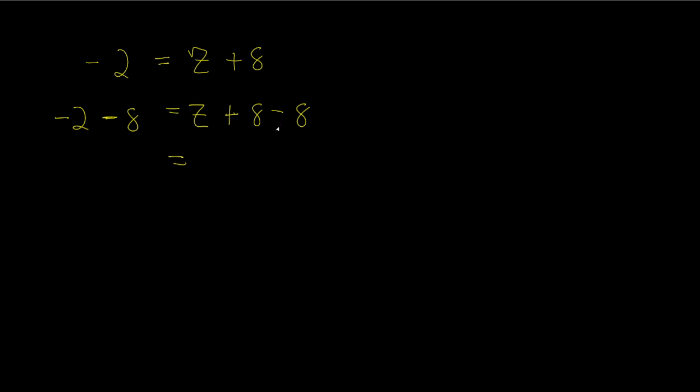These become 0. So I'm left with z on its own. And negative 2 minus 8 is minus 10. And now I check. Negative 2 equals minus 10 plus 8. I subtract and keep the larger sign. And yeah, that works.